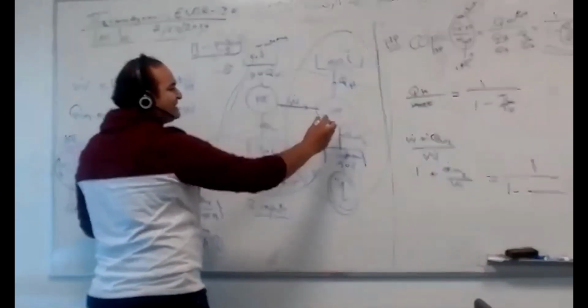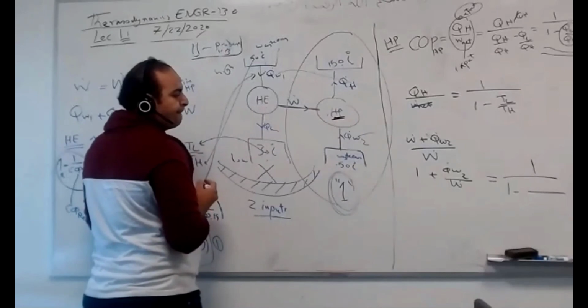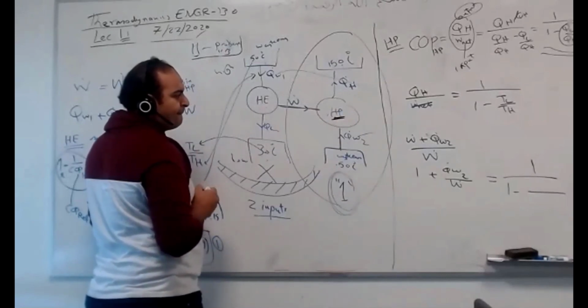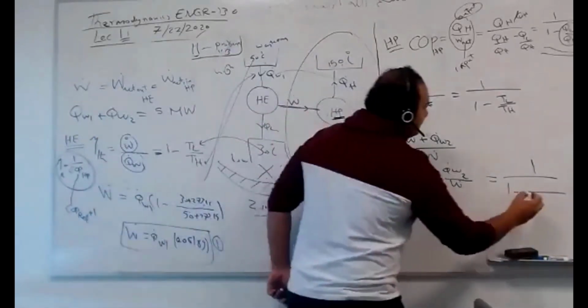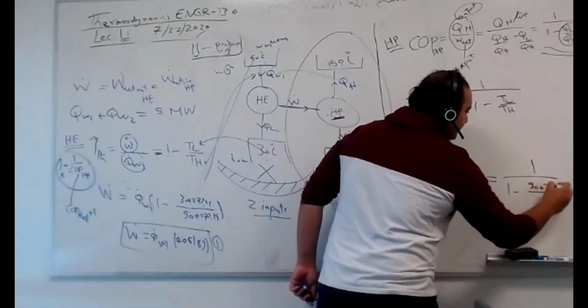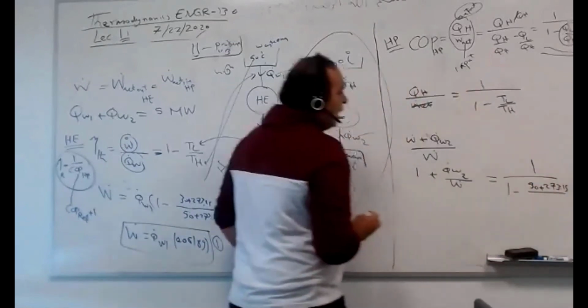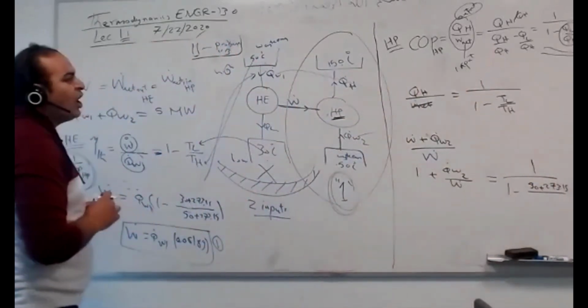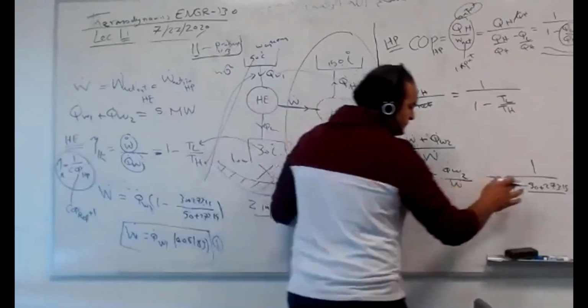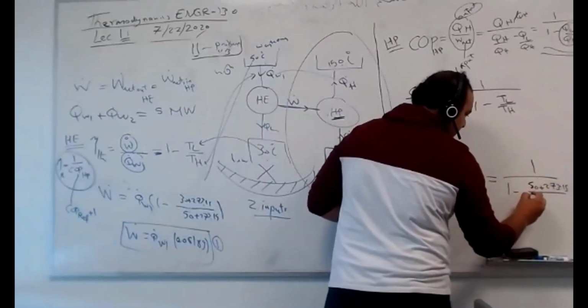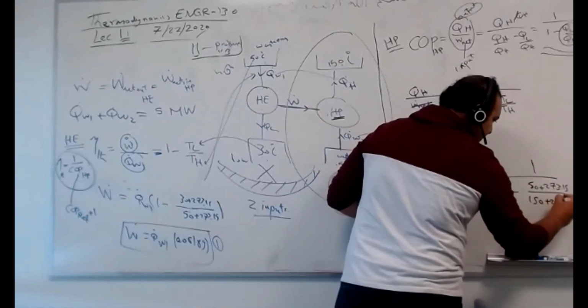In this heat pump, what is T low? Is it 50? Exactly. So 50 plus 273, of course. How about T high? What is T high, guys? 150. Exactly. It's very easy.